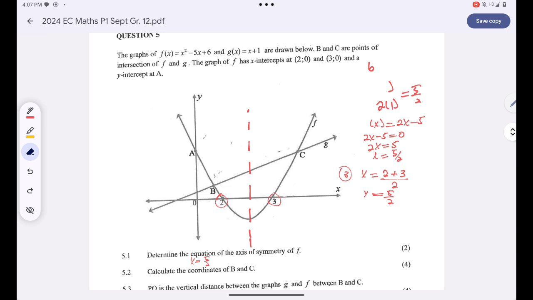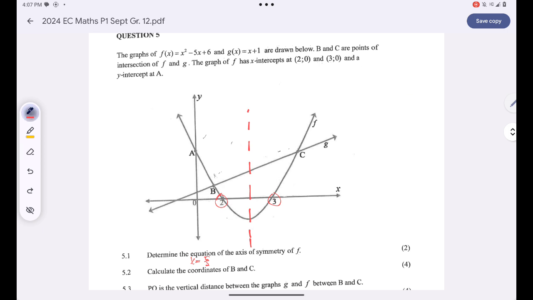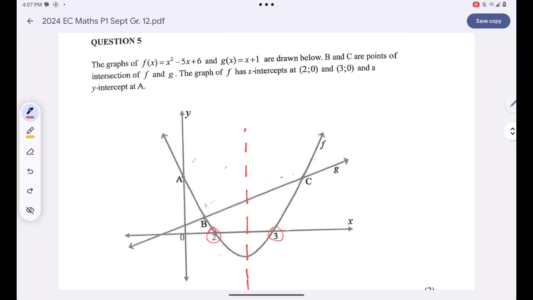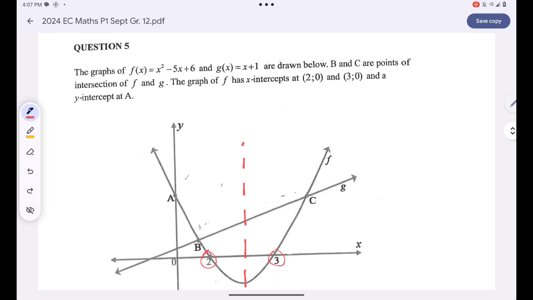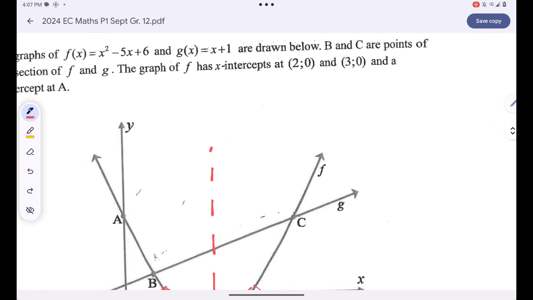They want us to find the coordinates of B and C. Remember that we were told that B and C represent the points of intersection of the two graphs. And for the point of intersection, it simply means our graphs have the same y value.